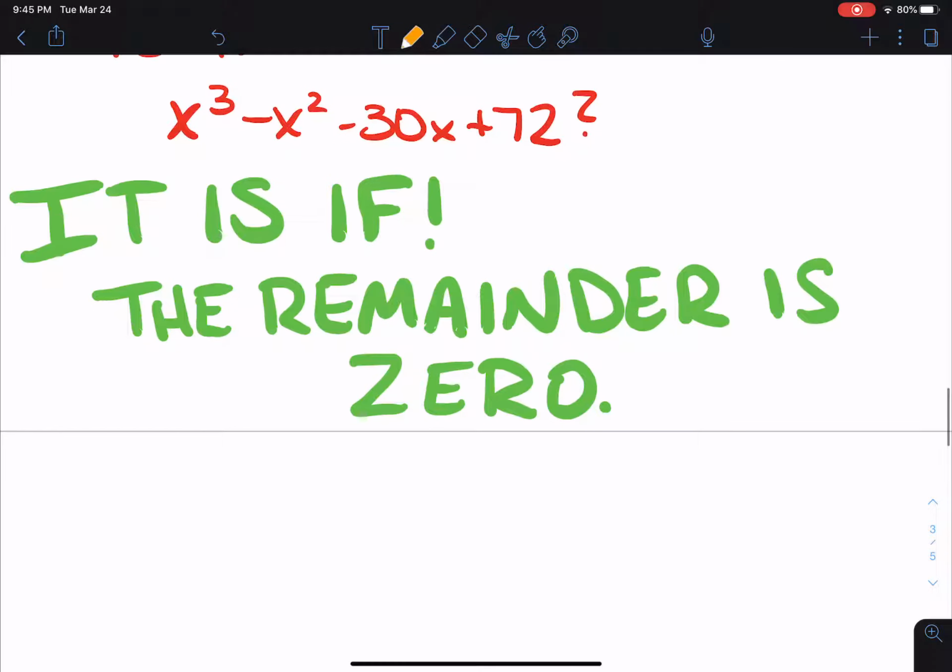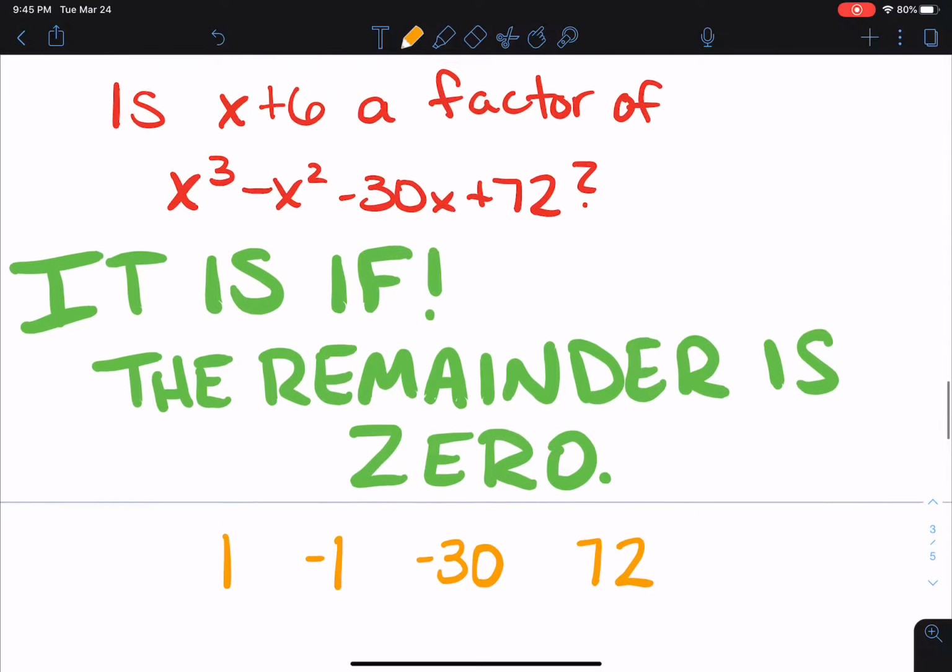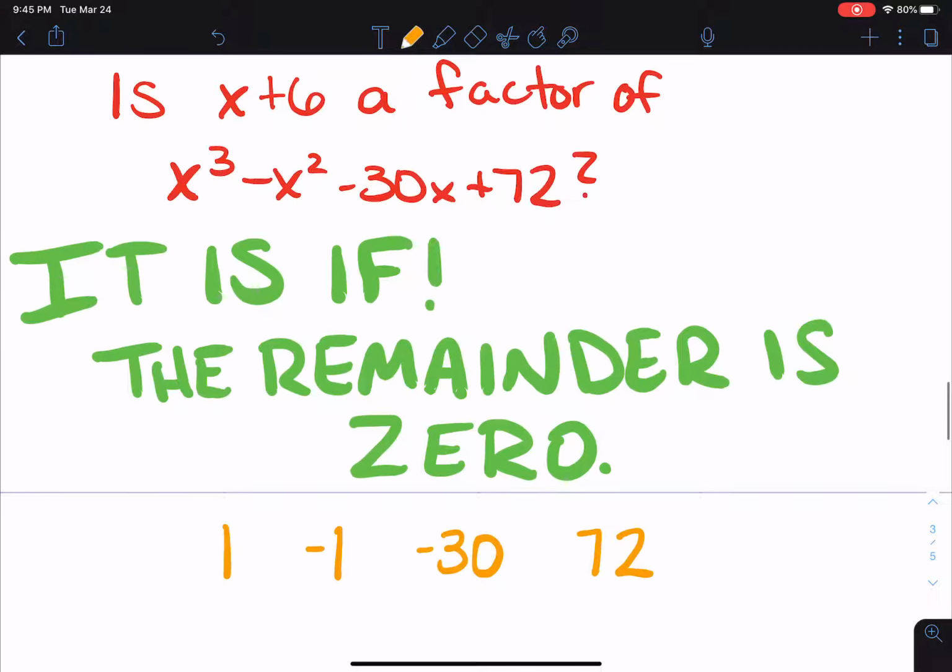We need to write x to the third is going to be 1. X to the second is going to be negative 1. X is just going to be negative 30 and 72. Okay, and this is x plus 6.